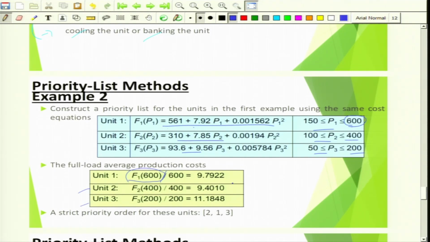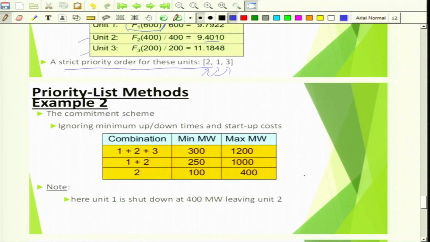Then you see per unit megawatt of generation which is the cheaper, and it clearly gives the strict priority order. You first give priority to unit 2 because it is 9.4010, then you go for unit 1, much cheaper, then you go for unit 3. Now the commitment scheme goes like this, ignoring minimum up and down times and startup costs, forgetting all these things, which is the most fundamental one.